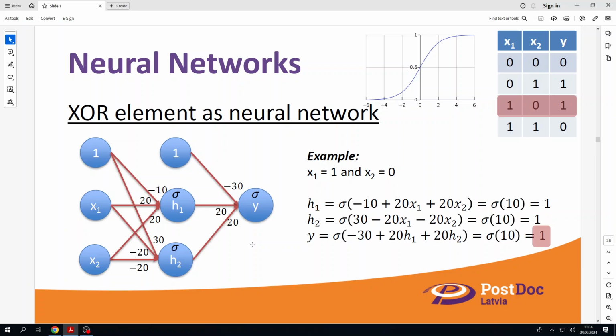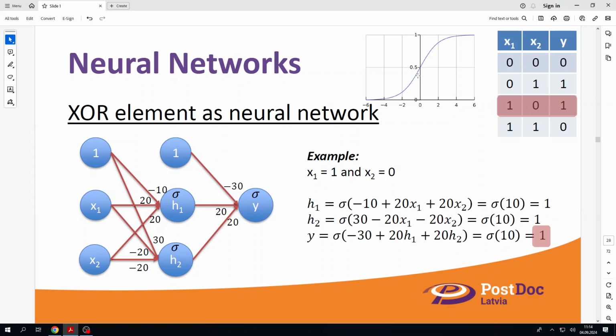The question here is now, how did I figure out that this has to be minus 10, this has to be 20, this has to be 20, this has to be 30, etc. For that, I ran the optimization procedure, the same gradient descent method, in fact, which then found these theta 0, theta 1, theta 2, theta 3, theta 4, etc. And as you can see here, if we put inside of these formulas x1 equal to 1 and x2 equal to 0 and solve all of them, we get that the output should be 1, which is true for this table.